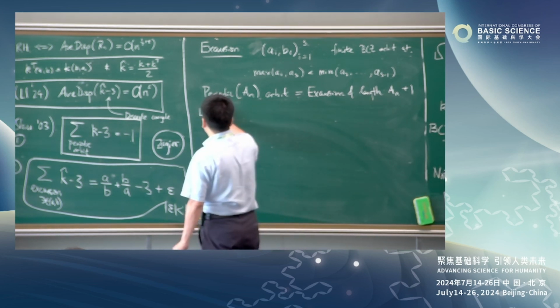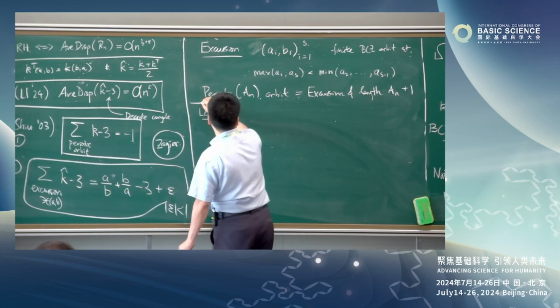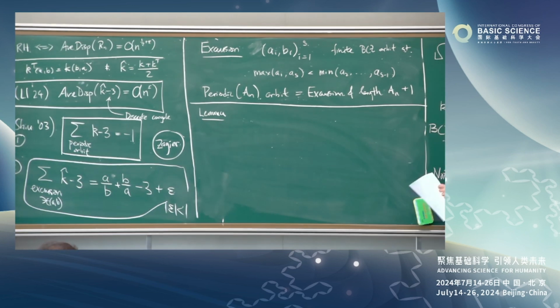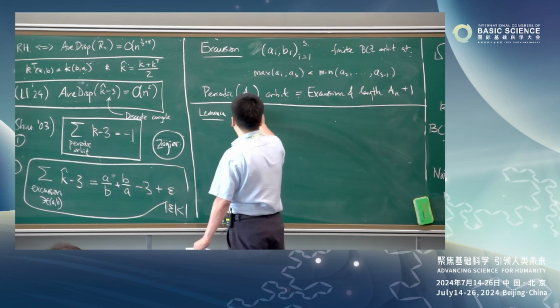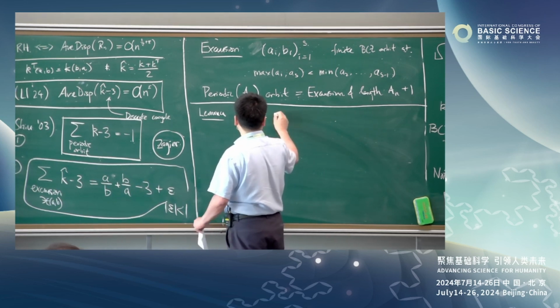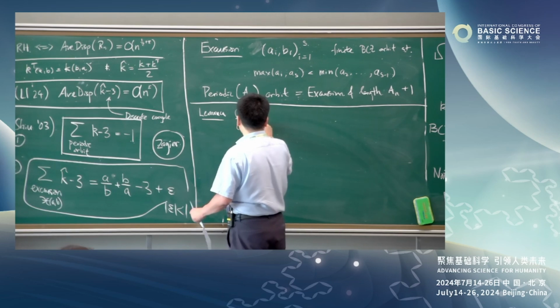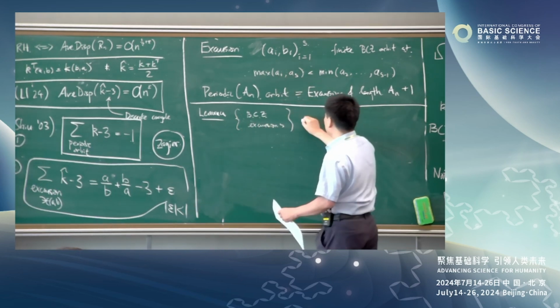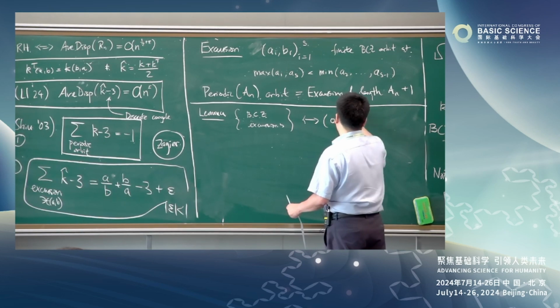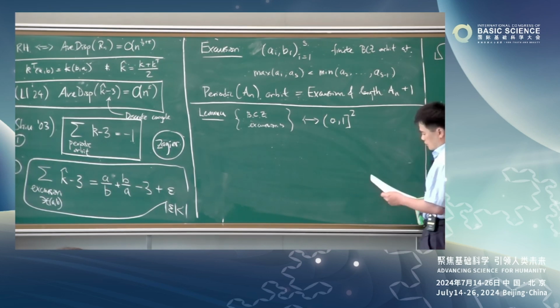And here's a lemma. Again, this is one of these things where the proof is only a few lines. Using these correspondences, there's a one-to-one correspondence between BCZ excursions and the unit square, like this.